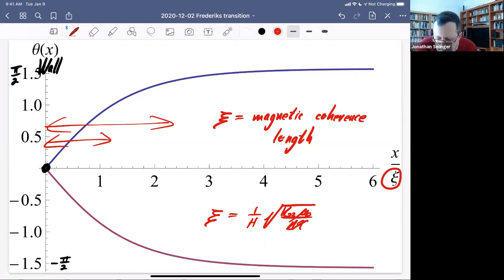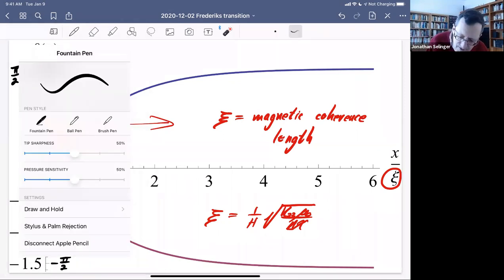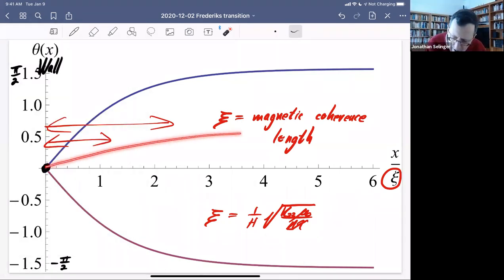That means if the magnetic field is really small, then the director will stay in the way favored by the wall for a really long length scale. Maybe it'll go up to pi over 2 eventually, but it could take a huge distance before it gets up to pi over 2.